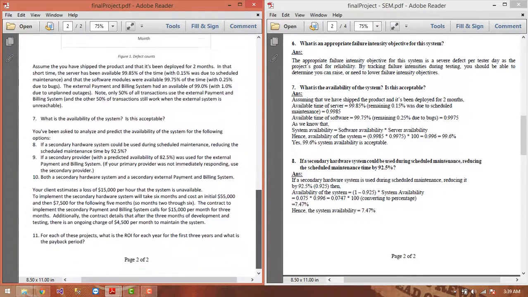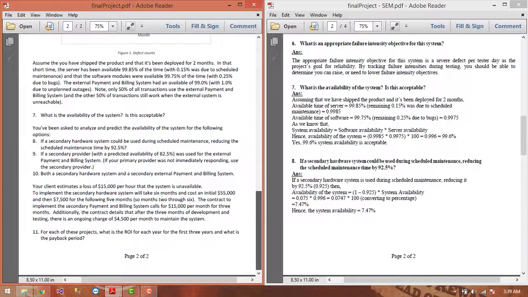And for questions 7 to 11, the question is given that assume that we have shipped the product and it's been deployed for 2 months, and in that short time the server has been available 99.85% of the time. The remaining 0.15% was due to scheduled maintenance, and the software modules were available 99.75% of the time.